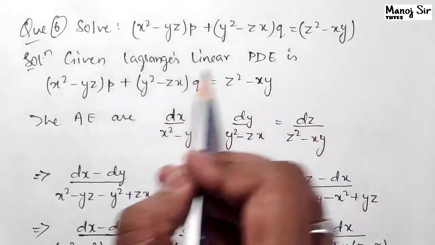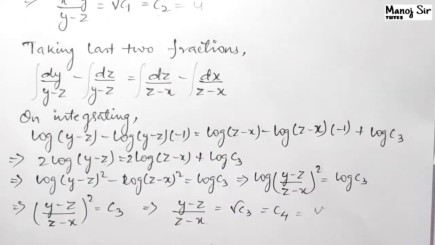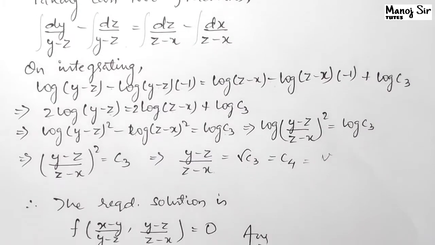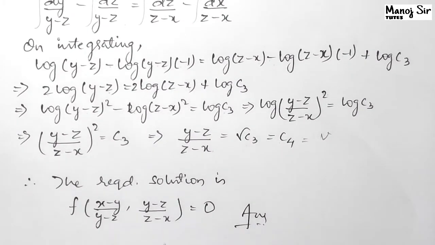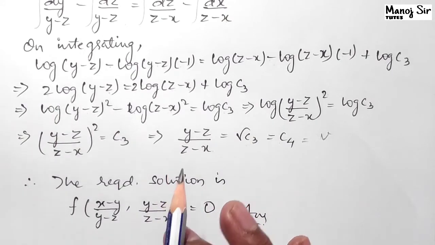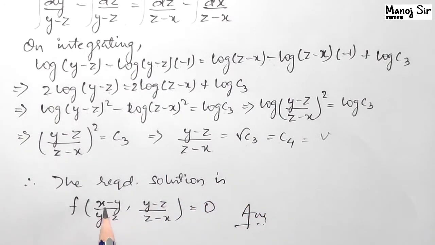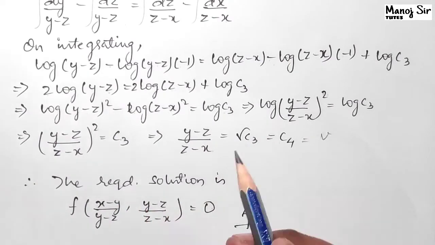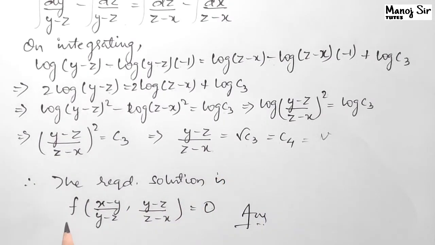The solution of the required Lagrange's partial differential equation is f of u comma v, where u is x minus y upon y minus z and v is y minus z upon z minus x. So f of u comma v equals 0 is the required solution for the Lagrange's linear partial differential equation, where f is any arbitrary function.